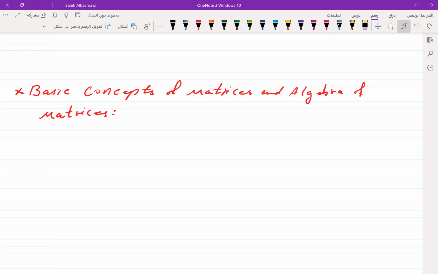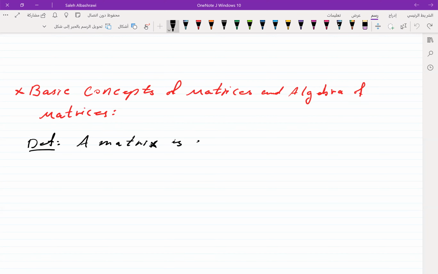Let's start with the definition of a matrix. What do we mean by a matrix? A matrix is any rectangular array of numbers or functions.